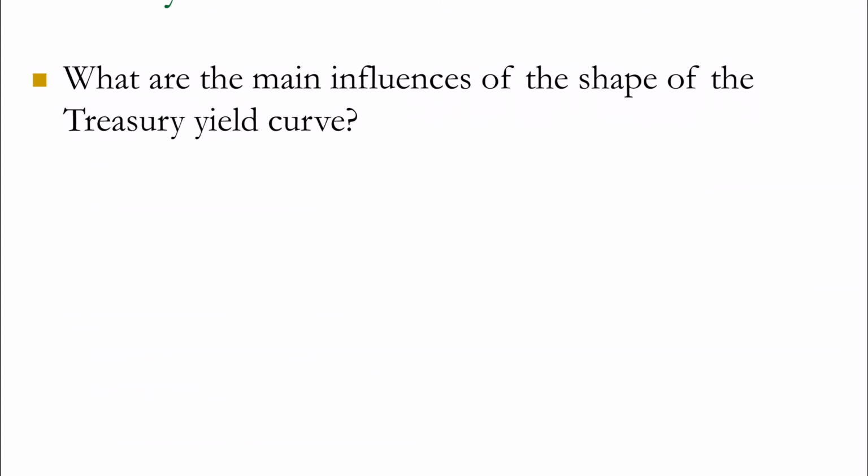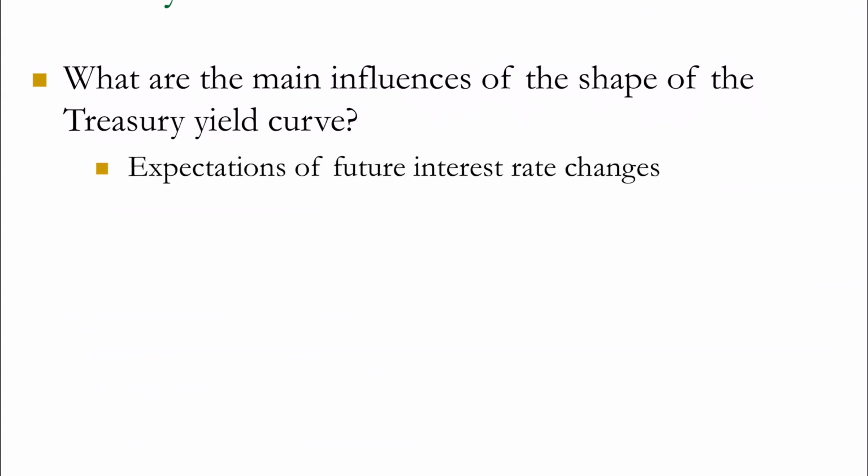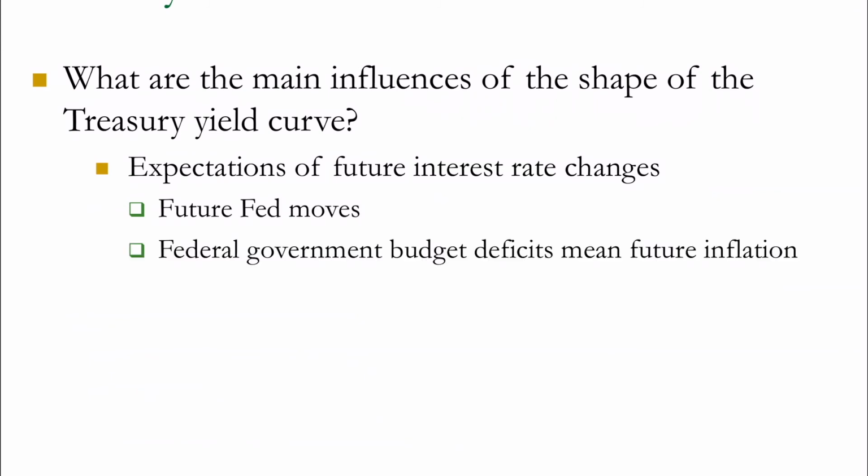In reality, what are the main influences of the shape of the yield curve? One is the expectations of future interest rate changes. This goes along the line of our unbiased expectations theory. So if we expect an increase in interest rates, it's going to be upward sloping. A decrease in interest rates is going to be downward sloping. This is based on what we expect future Federal Reserve moves to be, and also what federal government budget deficits mean for future inflation.